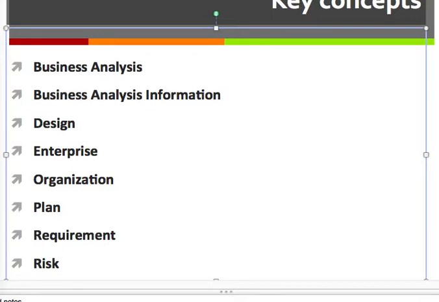Then you come to a plan. What do we mean by plan? A plan is a proposal for doing or achieving something. It could be a sequence of actions or events in a predetermined or expected sequence, and the result or outcome may also be known.